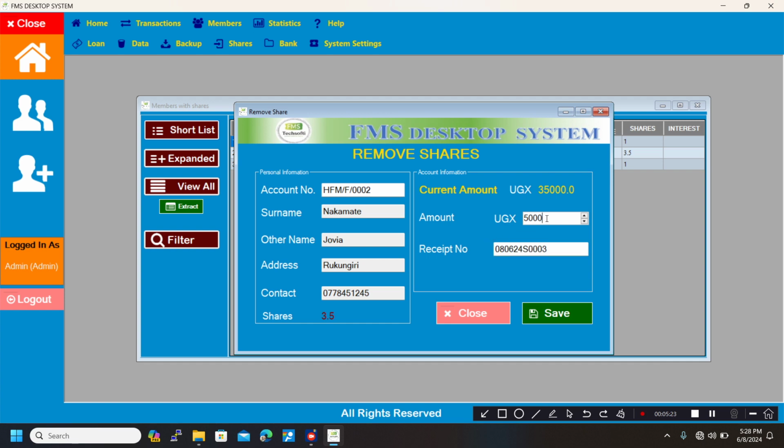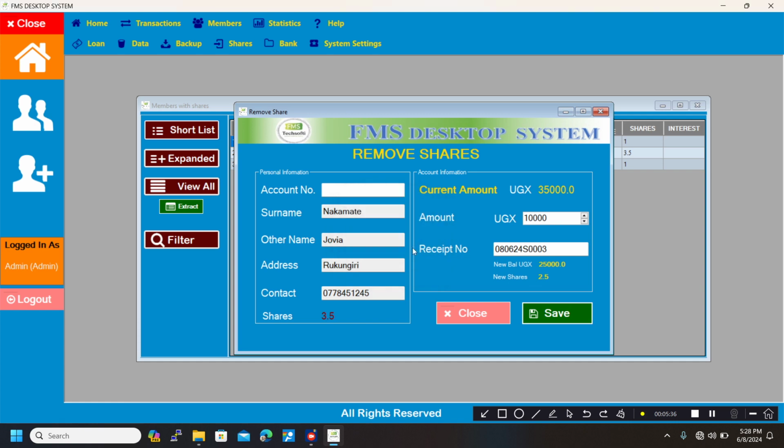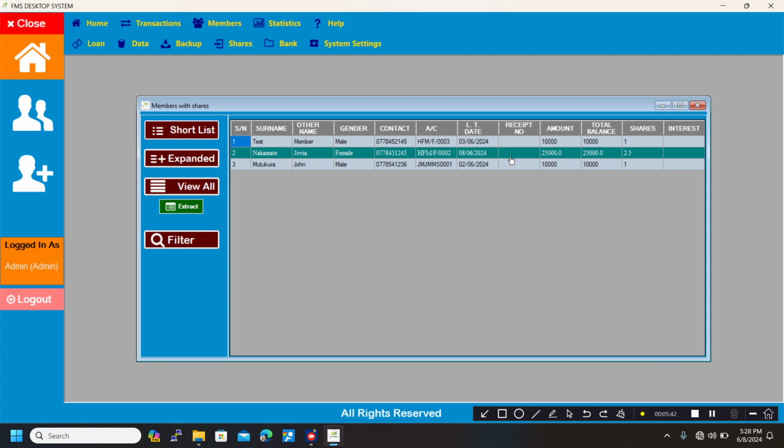So we need to put 10,000. So we can see that the remaining shares shall be 2.5, and the shares shall be removed. So when we refresh, we can see that this person has 2.5 shares.